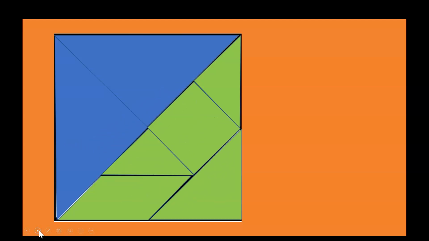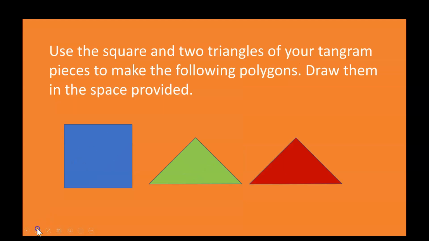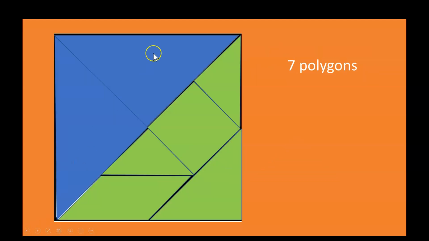And we have another triangle. So how many polygons do you see all together? There's 1, 2, 3, 4, 5, 6, 7. So I put there was 7 polygons all together in this one big square.